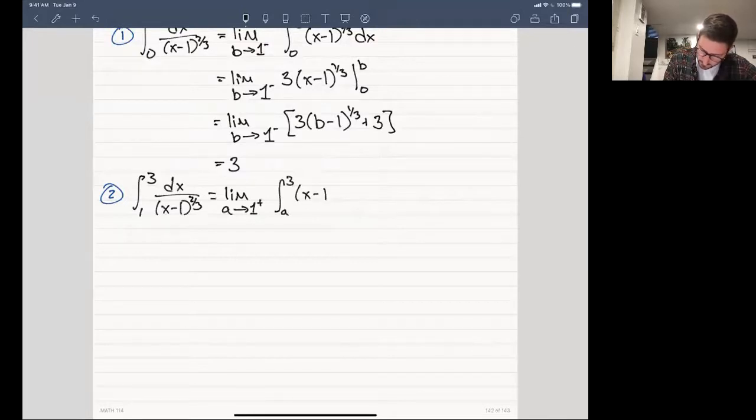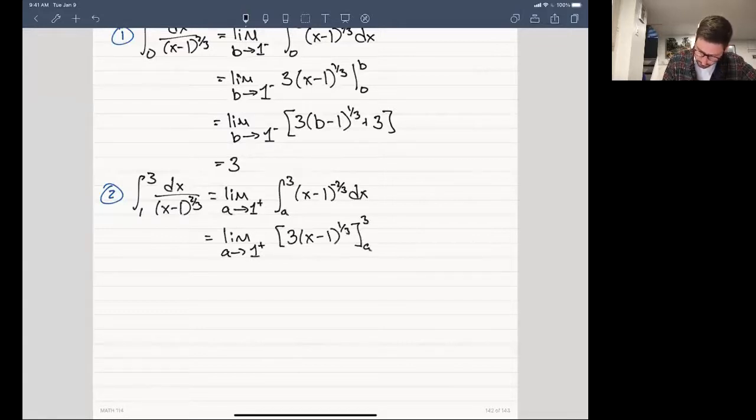We've actually already computed the antiderivative here, so we can set this up very similarly, and we get 3(x minus 1) to the 1/3 running from a to 3, which gives me the following.